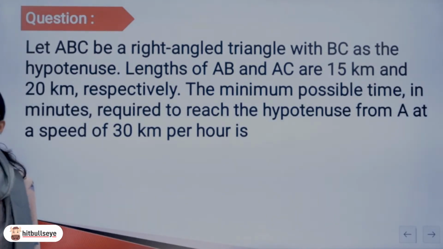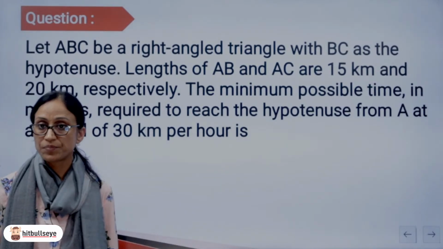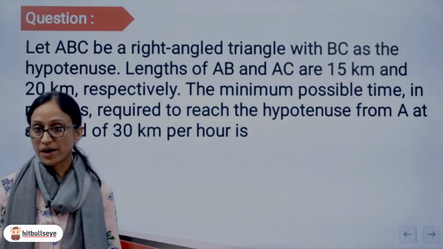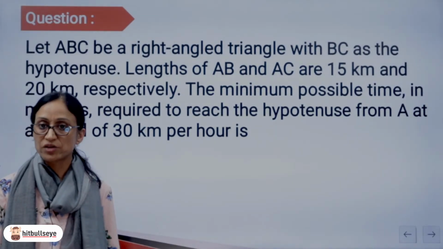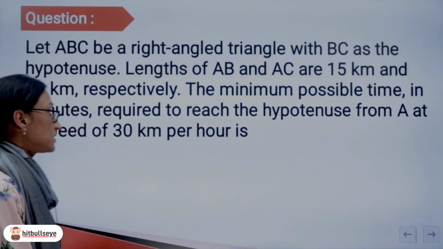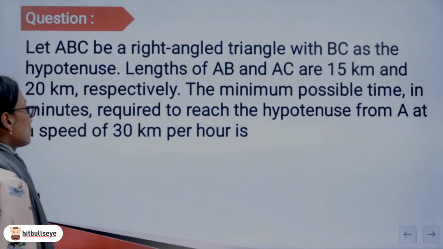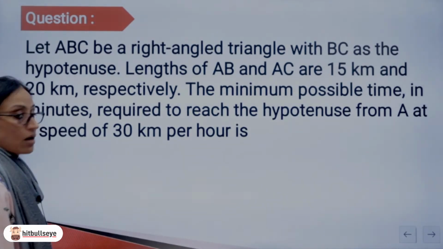This question is also based on the concept of right-angled triangles, and the concept of Pythagorean triplets definitely comes into the picture whenever we talk about right-angled triangles. The question says that ABC is a right-angled triangle with BC as the hypotenuse. The lengths of AB and AC are given as 15 and 20 respectively, in kilometers.